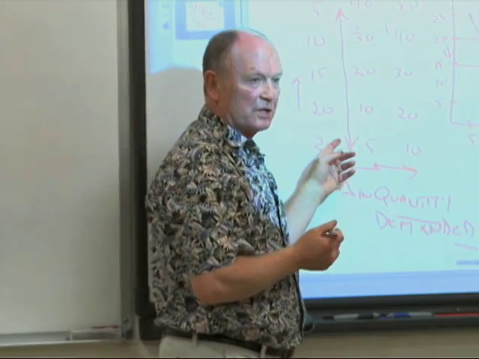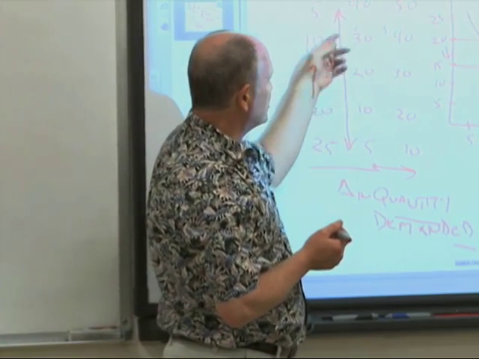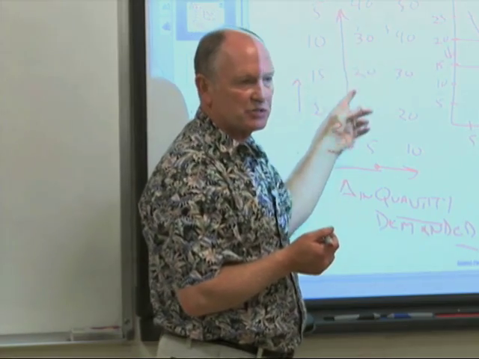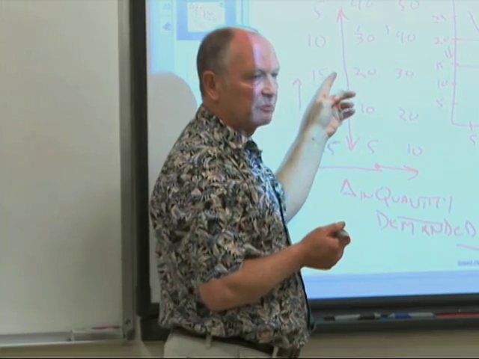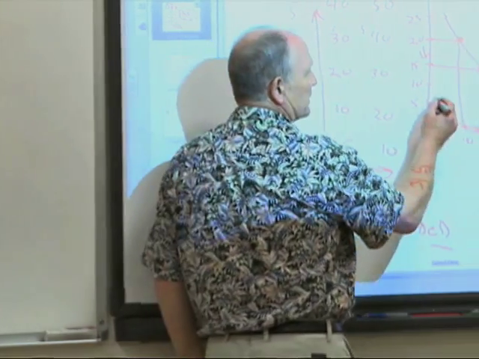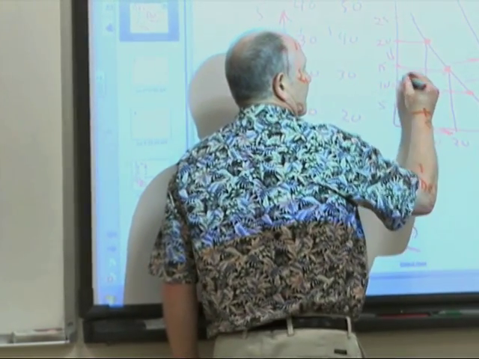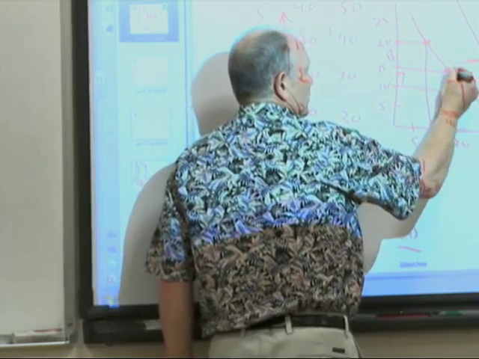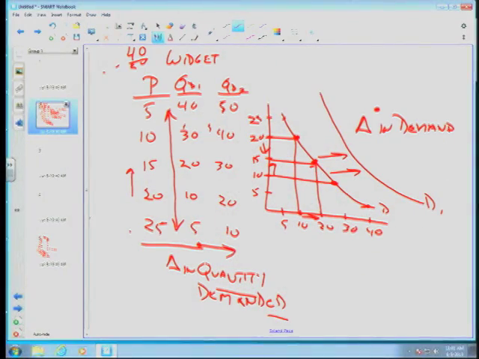Change in quantity demanded is caused by a change in the good's price itself. For whatever reason, the good's price goes up. We move from one point on the curve to the other. The curve itself will not shift. Don't forget this. Changes in prices do not shift curves. Changes in non-price factors shift curves.